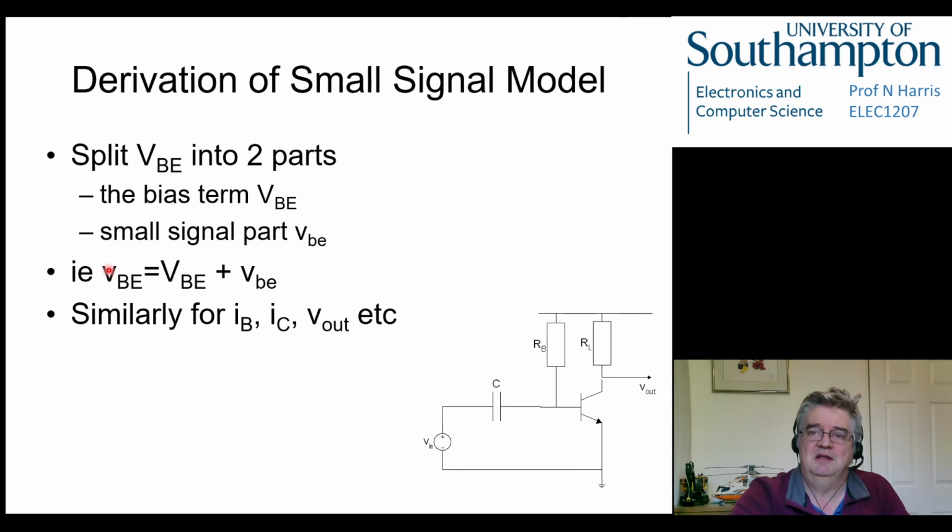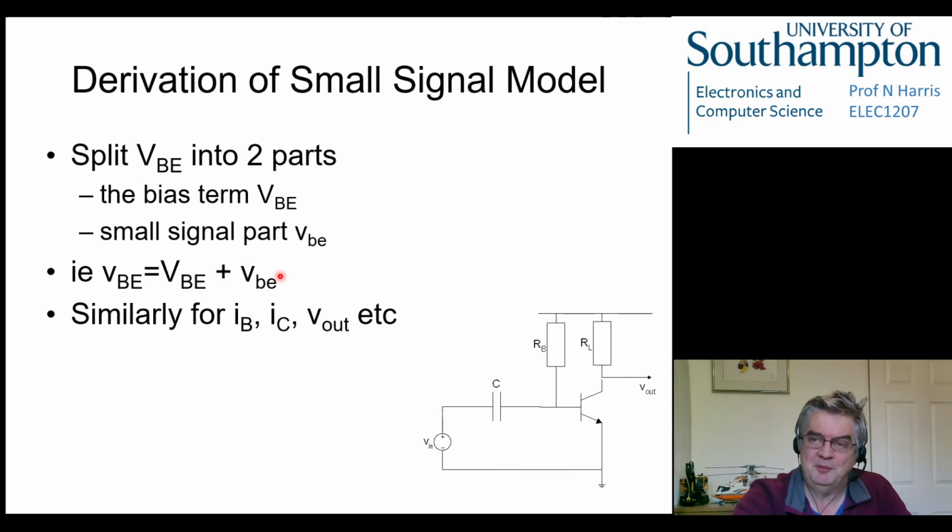Okay, so VBE, this is where we have our problems in describing it. Little v, big BE means the total, the combination of small and large signal. That is the combination of the large signal with a capital V and a capital BE, and the small signal, which is a little v and a little BE. Just remember we're dealing with two parts of the signal here.